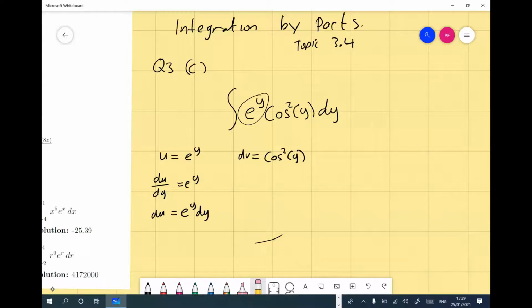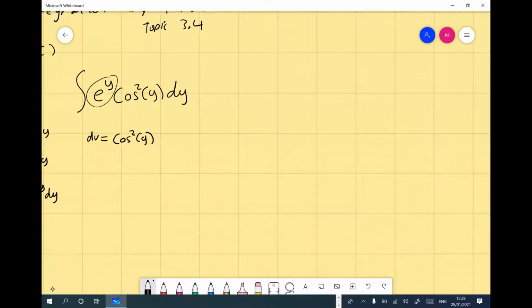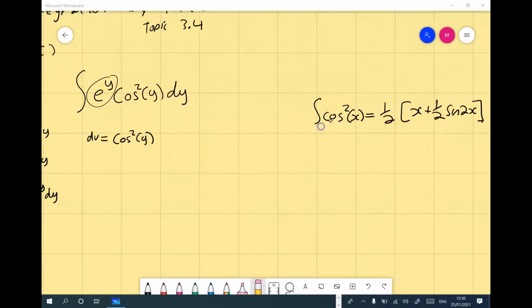Now, in your formula book, look for the integral of cos squared. If you check out your formula book, you'll see the integral of cos squared x will be a half times x plus a half sine 2x. Okay, so that's the integral we're going to use. Check out your formula book and see if you can identify that.